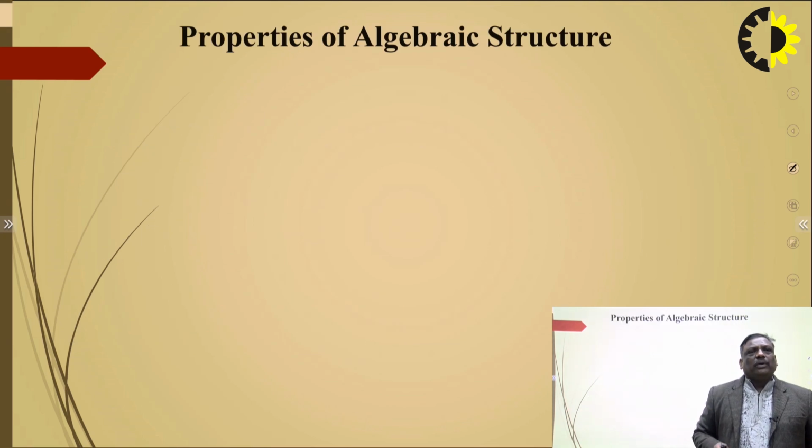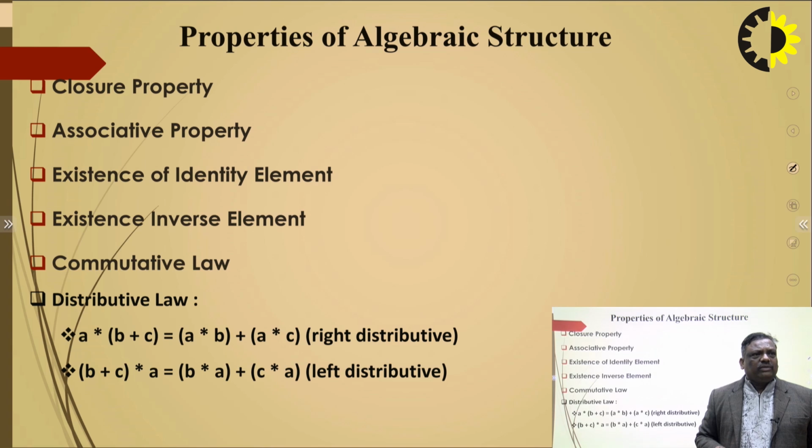So, what are the properties of algebraic structure? One by one we cover them: closure property, associative property, existence of identity element, existence of inverse element, commutative law and distributive law.